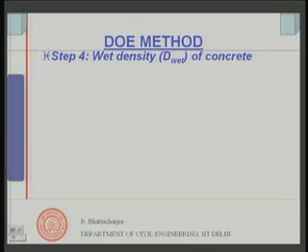The next step is to find out the total aggregate content, and this is done using what is called the wet density method. So, instead of volume calculation, total volume minus the volume of air, this uses a method for wet density, which has been empirically established, and you can see the wet density curve.